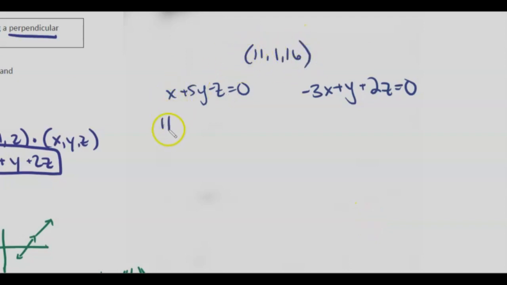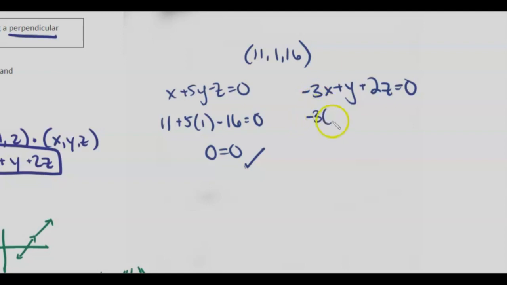So substitute in 11, substitute in 1, substitute in 16, and we solve for this. We do get 0 equals 0. So 11, 1, 16 is perpendicular to our first vector.